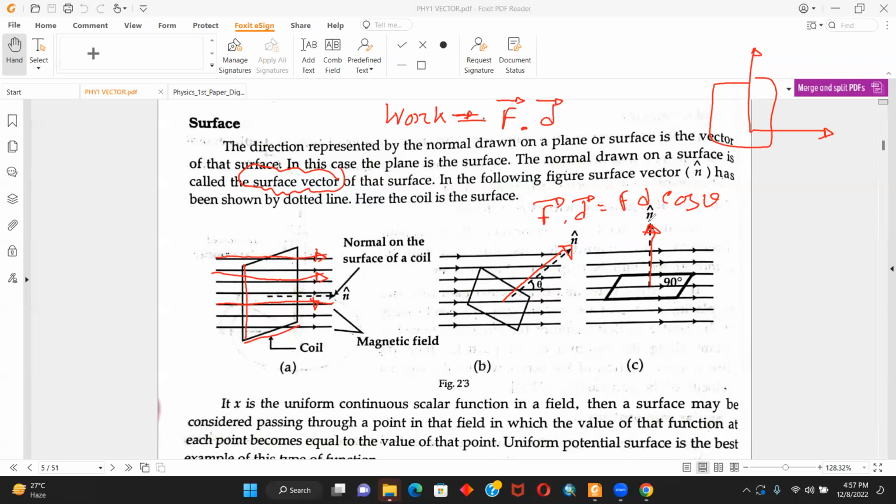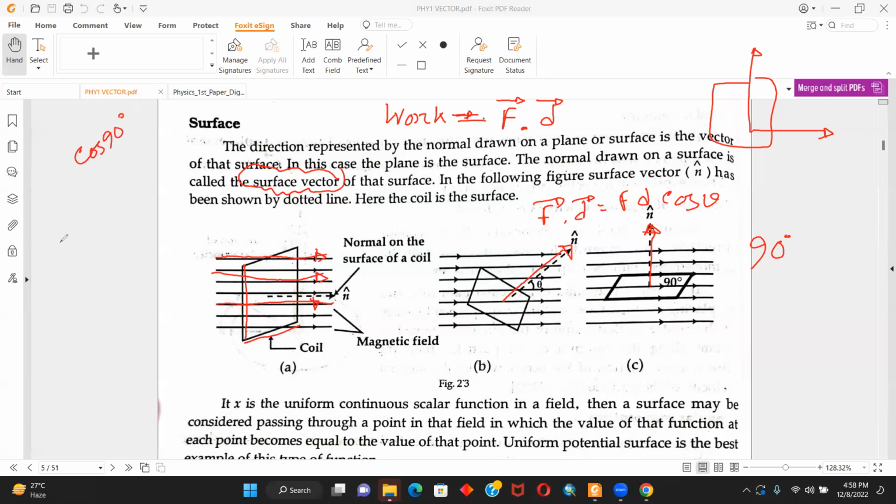And the same is the case if you have the angle of force and displacement to be 90 degrees. According to the language of physics, there is no work happening in that system, because cosine 90 equals 0.